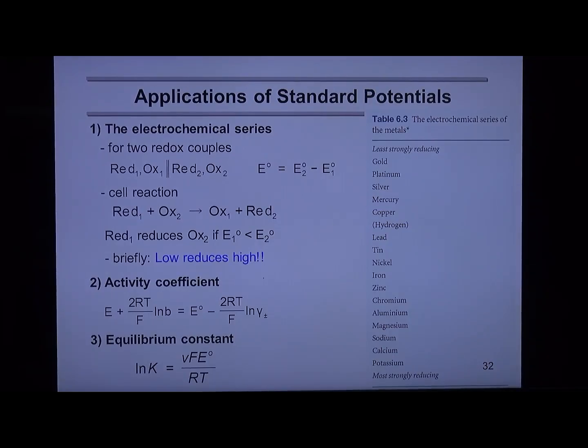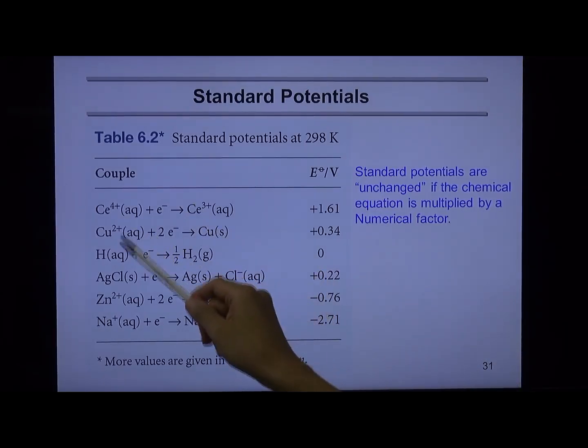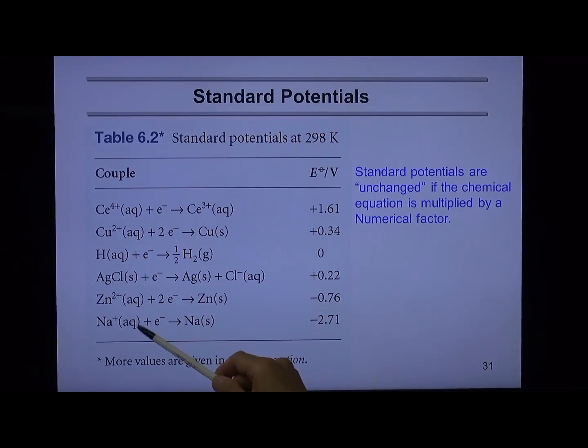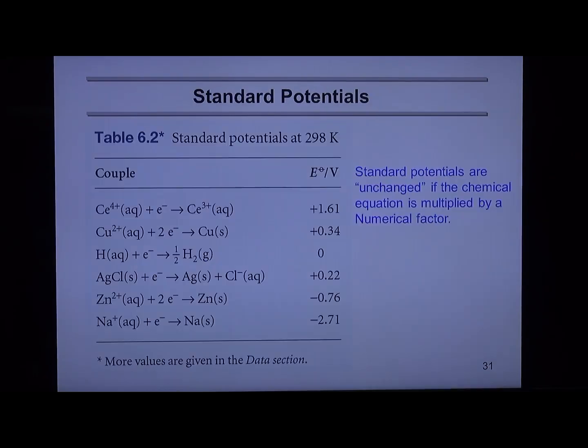So that basically determines the electrochemical series. If you have these numbers for different metals, like cesium, copper, silver chloride, zinc, sodium, the half reaction with the most negative potential, at the bottom, is much more reducing, which means that this metal can be much more easily oxidized compared to other metals, right?